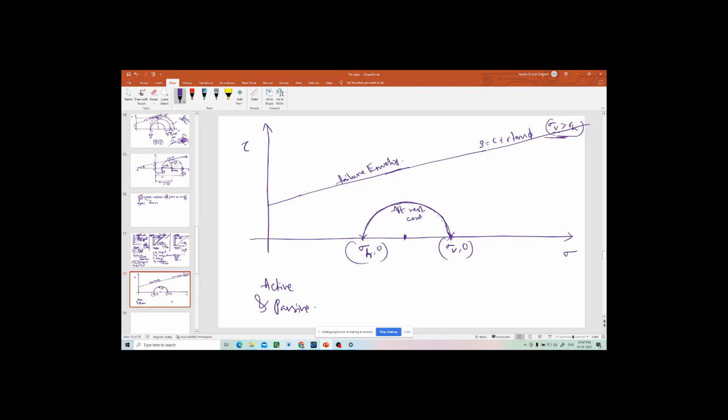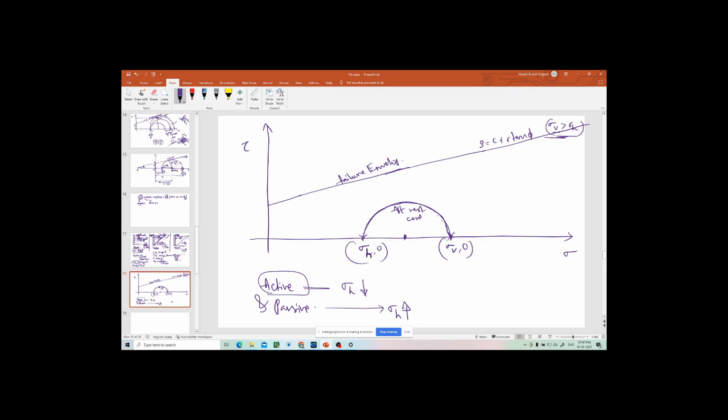Active condition is happening because of the change in sigma h, which is nothing but decreasing sigma h. Sigma v is constant. So in active, sigma h will decrease. In passive, sigma h will increase.